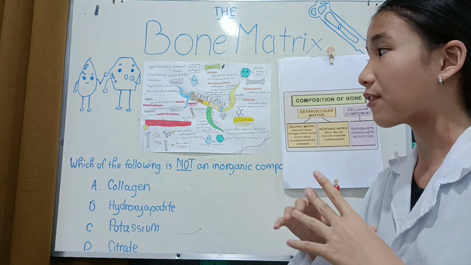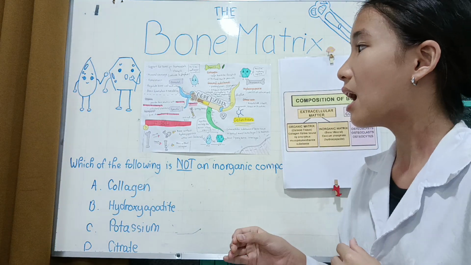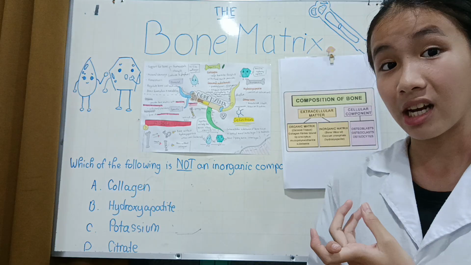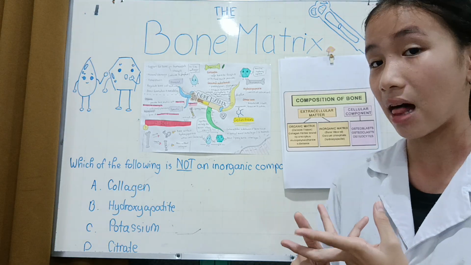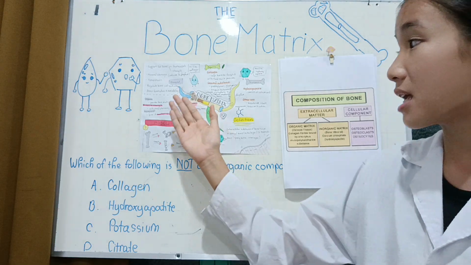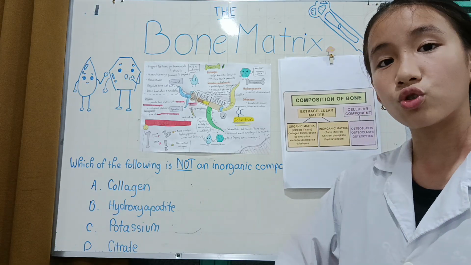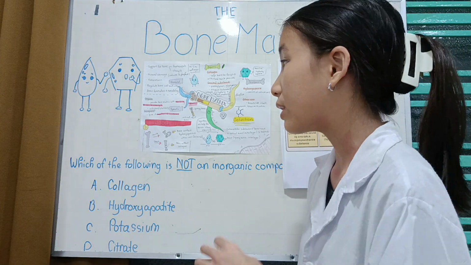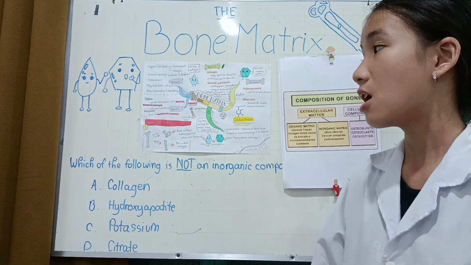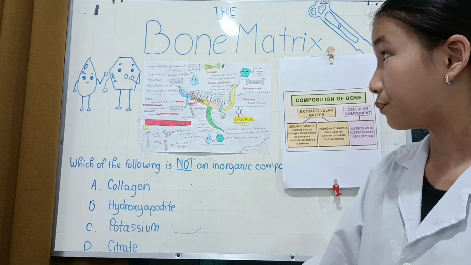So it has that flexibility and tensile strength and can withstand stretching or tensile pressures. Next are inorganic compounds, which give the bone matrix its durability and also its hardness and resistance. So that's the fragile part.